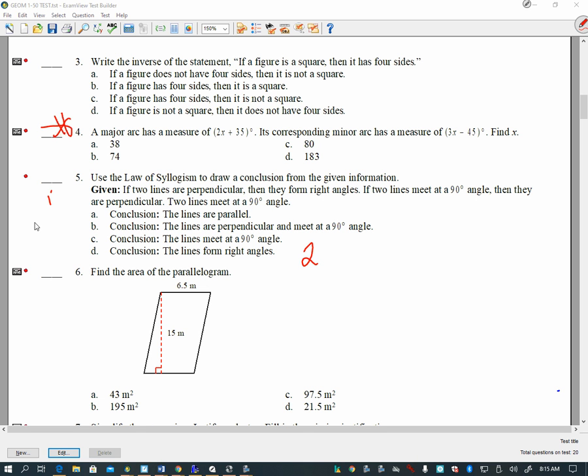Okay, so I got 2x plus 35 plus 3x minus 45. And what does that equal? 360. Do you guys know how to solve for x from there? Combine like terms, isolate x, right? Okay, do I need to do this for you? We got this? Do we know how to do this? Okay.